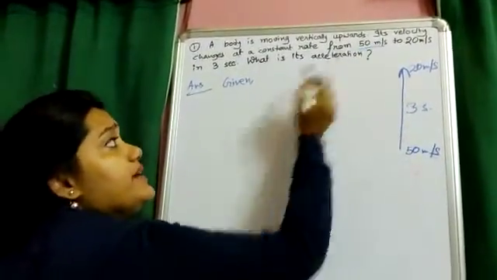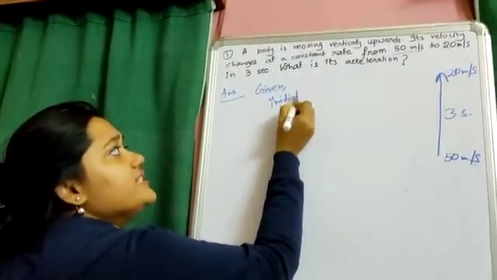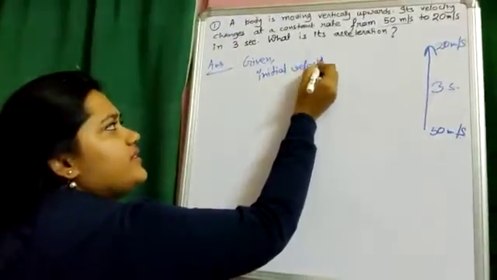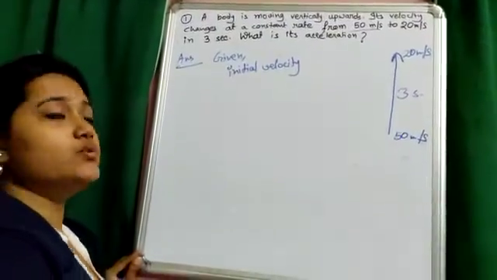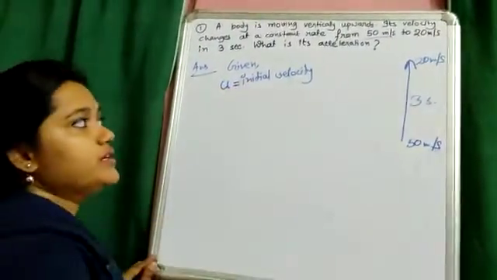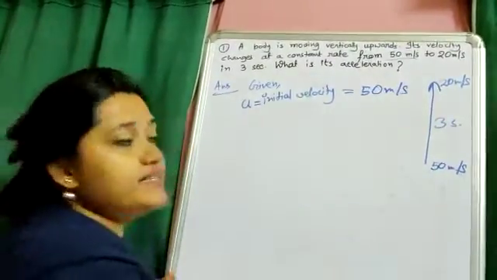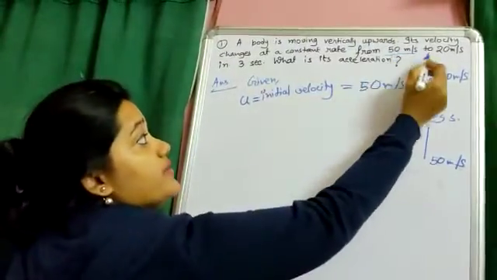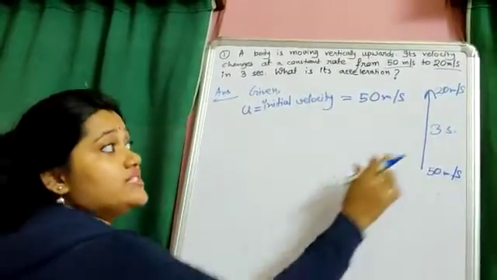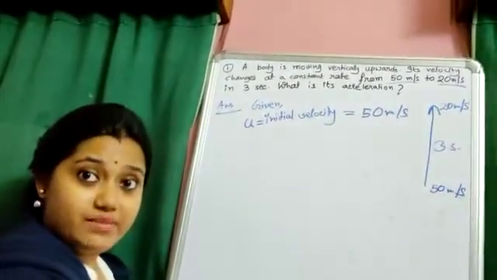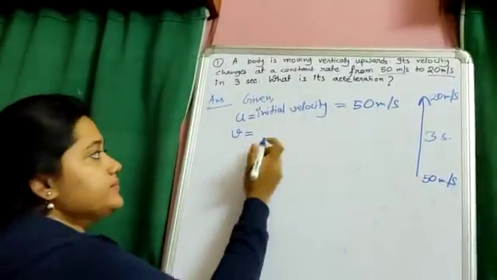So this 50 meter per second is the initial velocity, and we represent the initial velocity using u. Initial velocity is given as 50 meter per second, and 20 meter per second is the final velocity, which we represent using v.